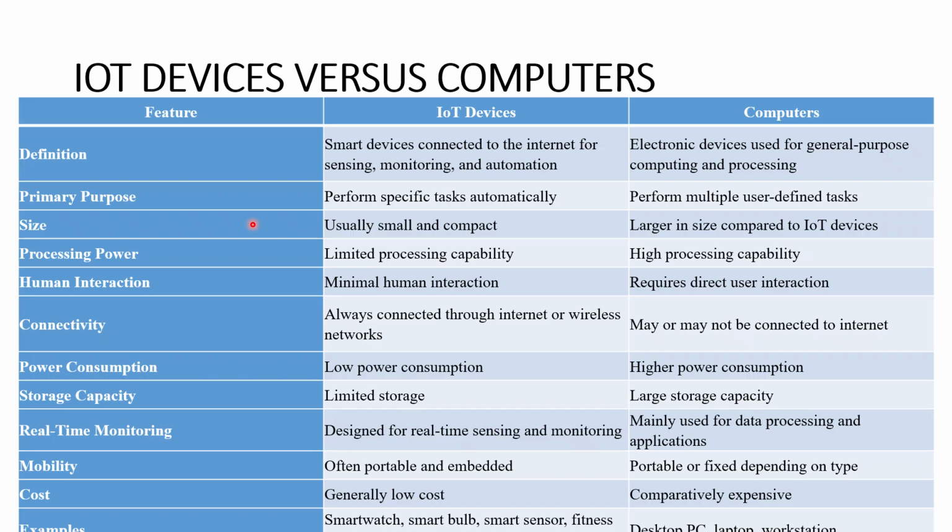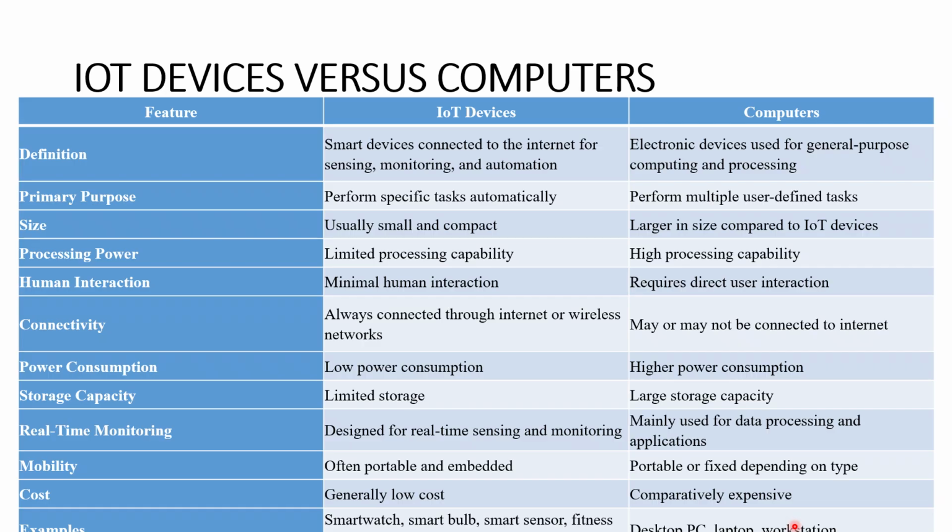Connectivity. IoT devices need to be always connected to the internet, while computers may or may not be connected. When power consumption is considered, low power consumption is for IoT devices and higher power consumption for computers. While storage capacity is considered, IoT devices use limited storage and computers use a large storage capacity.